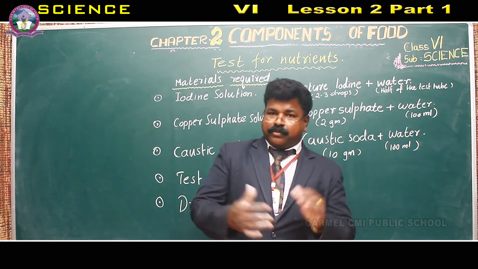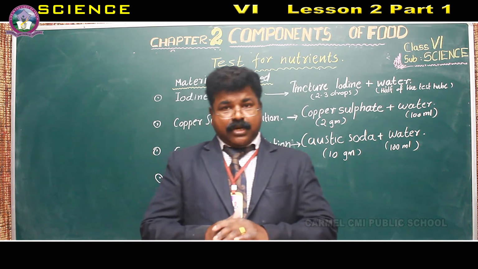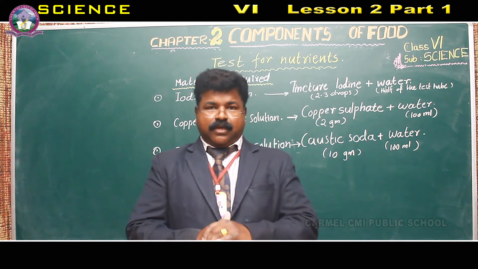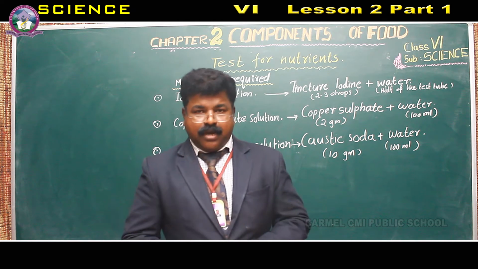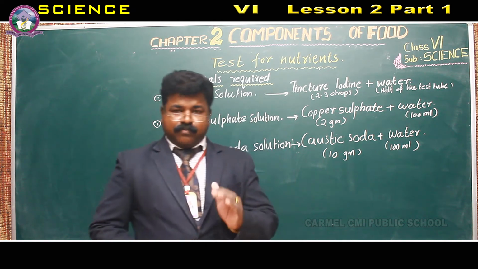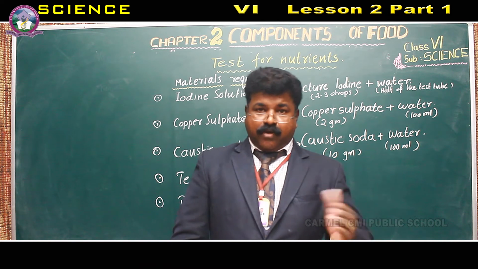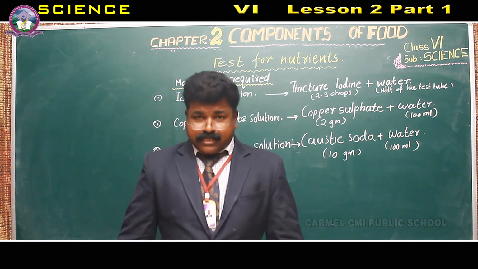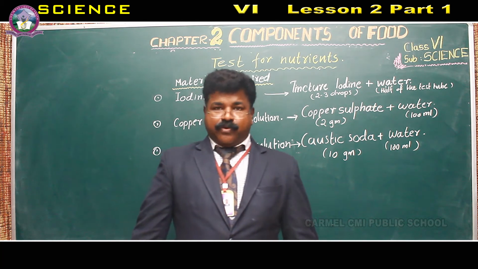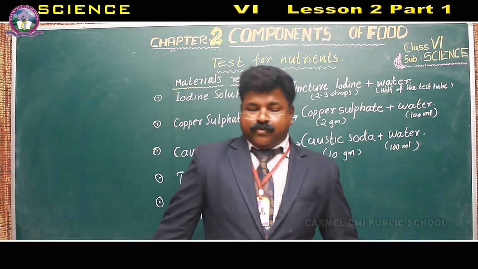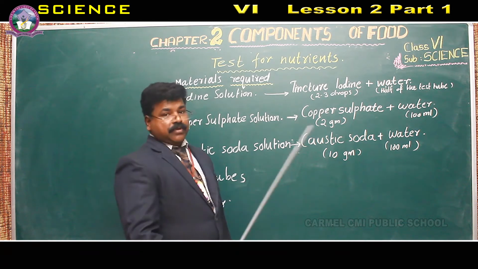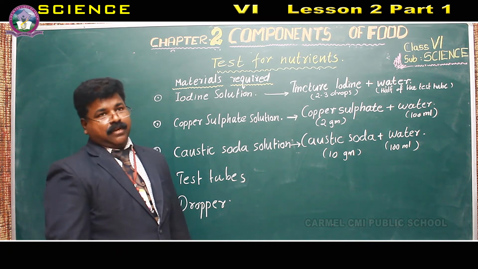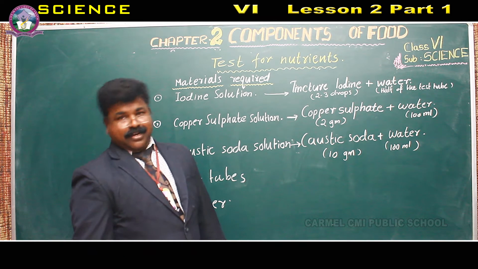Sometimes some food materials contain one nutrient, sometimes more than one nutrient is available. So let us see how we can confirm the presence of nutrients in our diet. For that we must conduct certain tests. So we are going to discuss different tests used for confirmation of different nutrients in our diet.